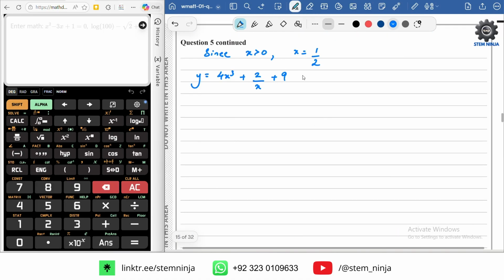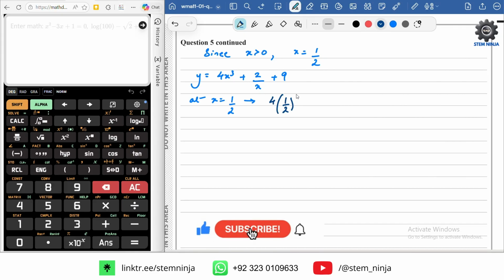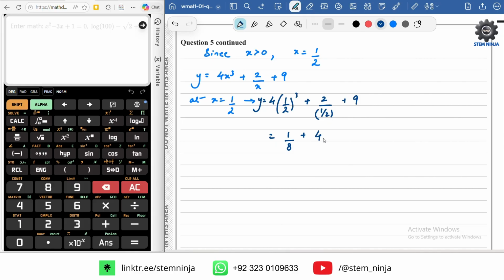So this becomes, at x equal to 1 over 2, 4 times 1 over 2 cubed plus 2 divided by 1 over 2 plus 9. 4 divided by 8 is 1 over 8. 2 divided by 1 over 2 is just 4. Plus 9.